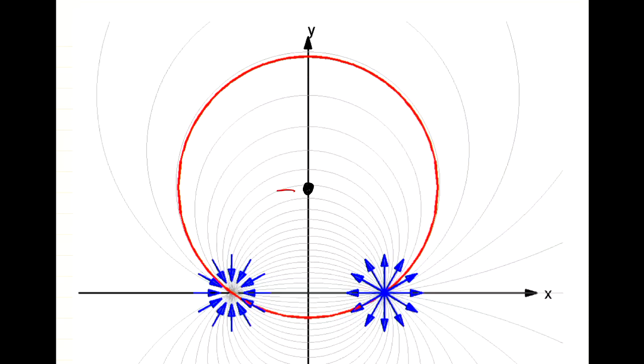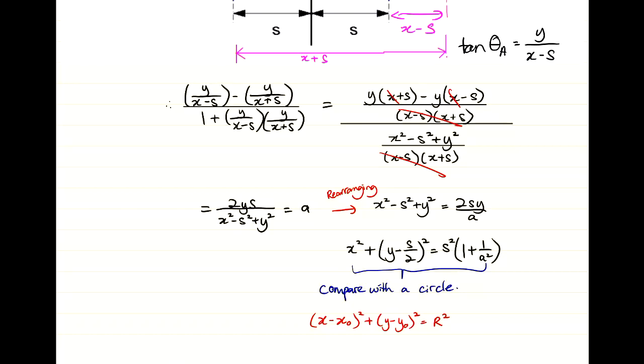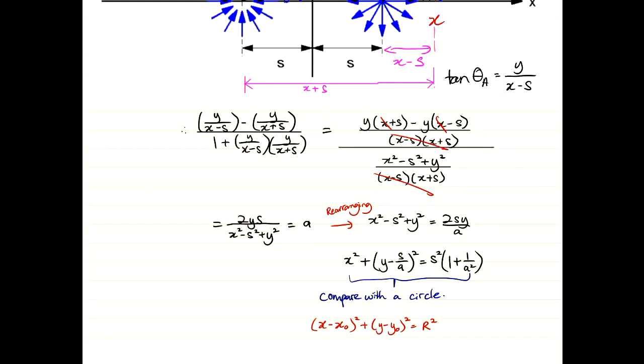And I know that height is going to be S over A. Sorry, it should be S over A, not S over 2. Okay, this should be S over A.